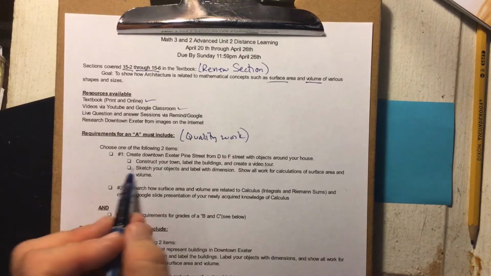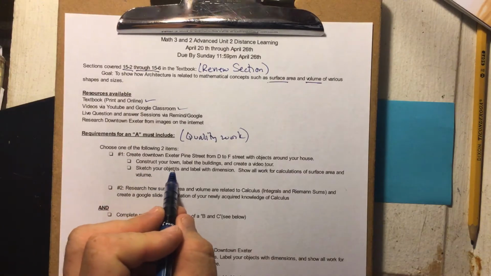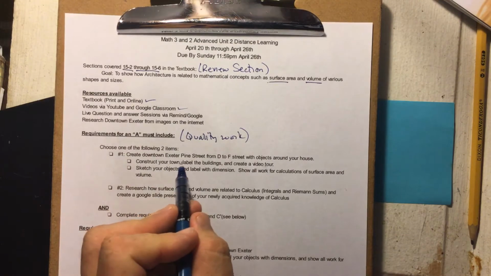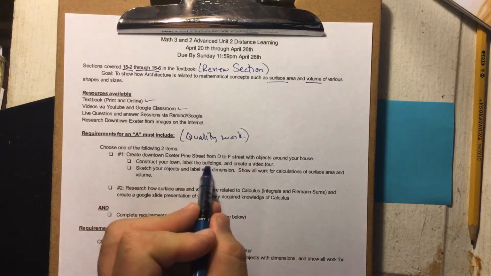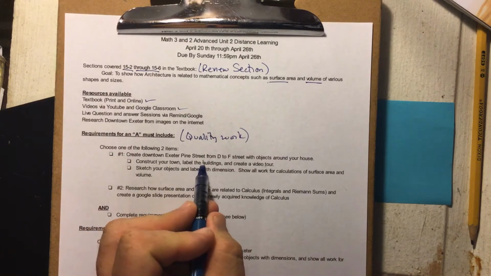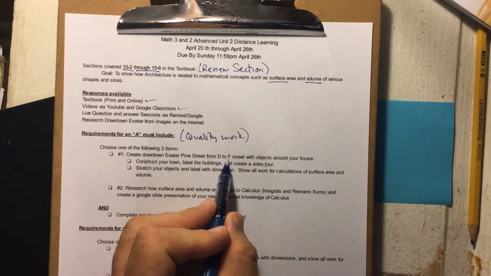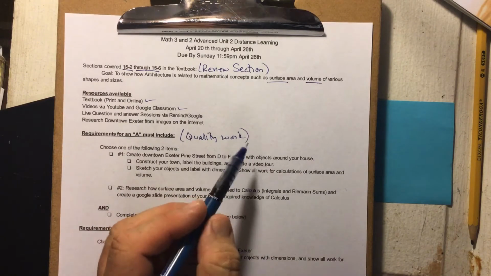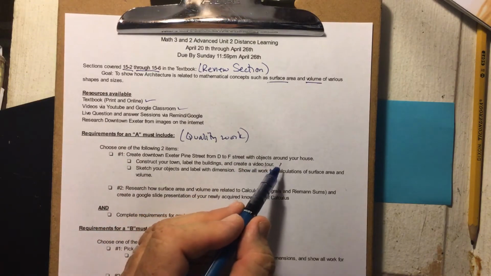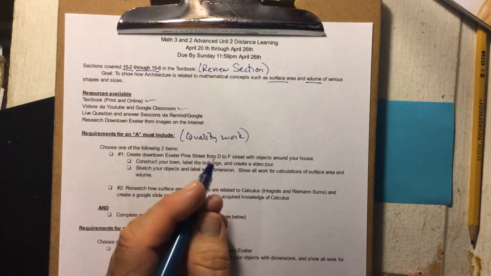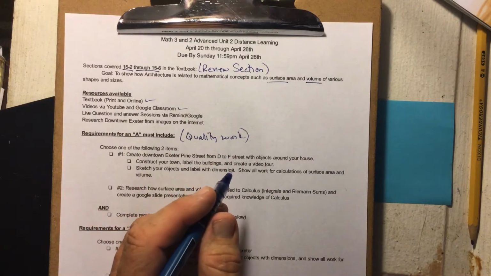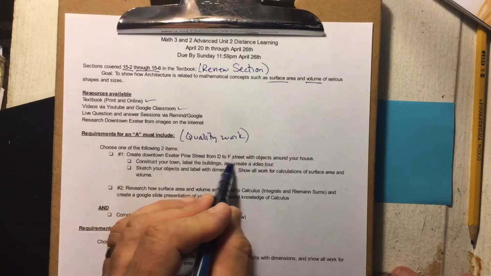So here we go. Number one, you're going to construct downtown, which is basically Pine Street from D to F, from Frosty King to Bank of America. You're going to use soup cans and boxes and decks of cards and whatever you decide to use.